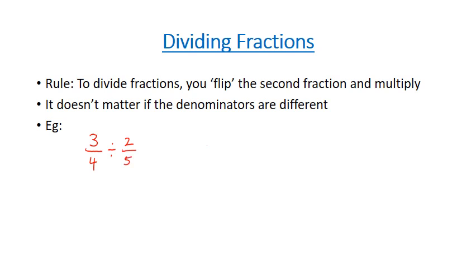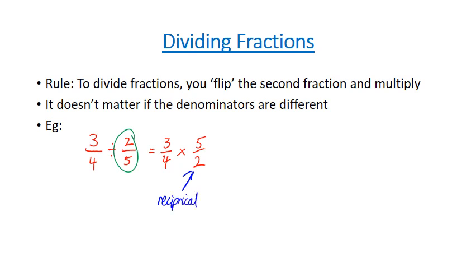Essentially what we need to do is flip our second fraction. So we're going to take this fraction here and flip it upside down, so make it 5 over 2. That's called our reciprocal.